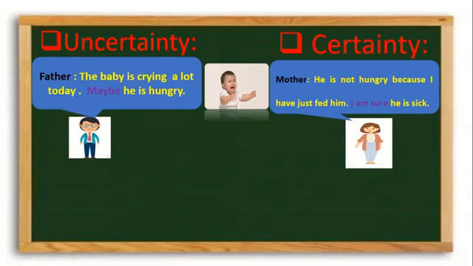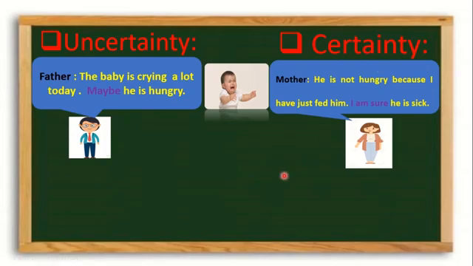So, certainty means the state of being sure or certain. When you are sure that something is true or untrue, that something will happen or will not happen in the future, or that something happened or didn't happen in the past, you can express your certainty.